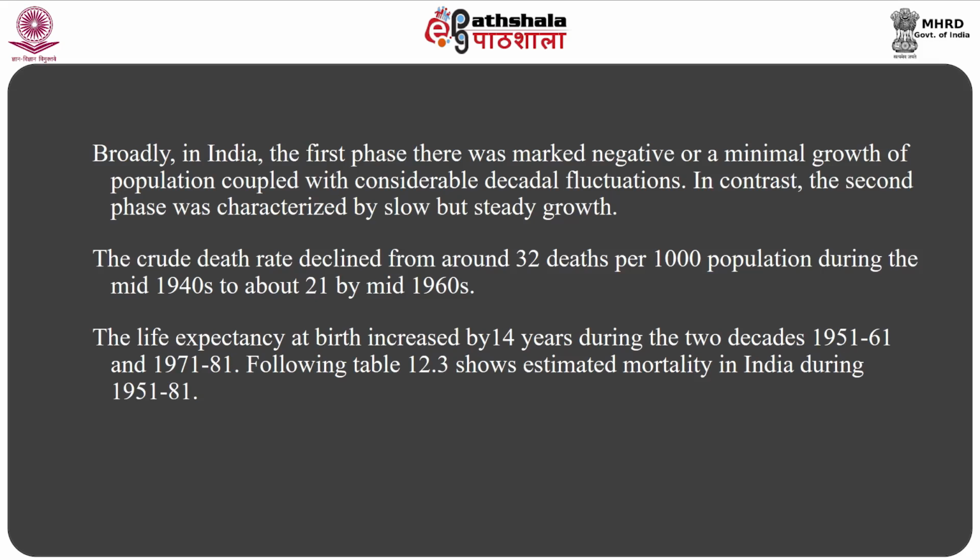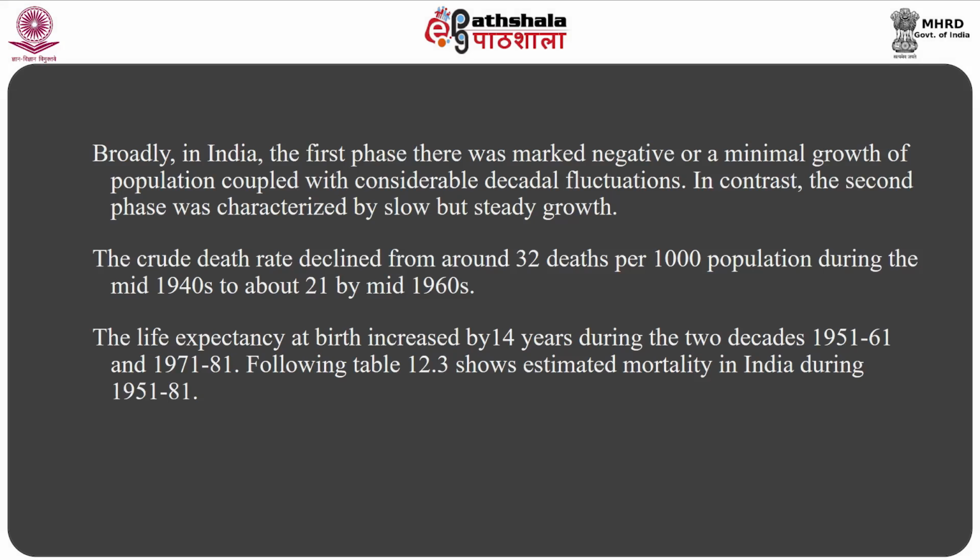The crude death rate declined from around 32 deaths per 1000 population during the mid-1940s to about 21 by the mid-1960s. The life expectancy at birth increased by 14 years during the 2 decades 1951-61 and 1971-81.